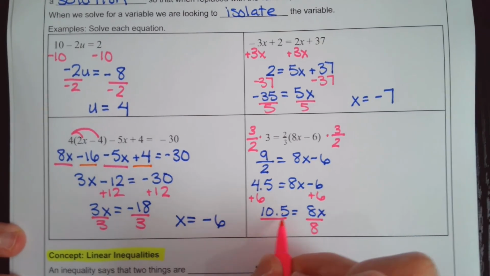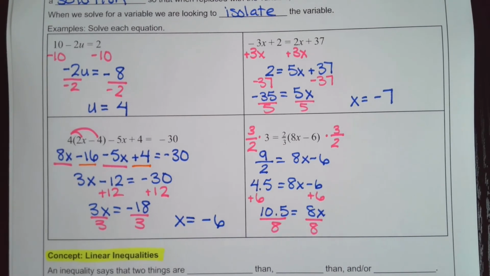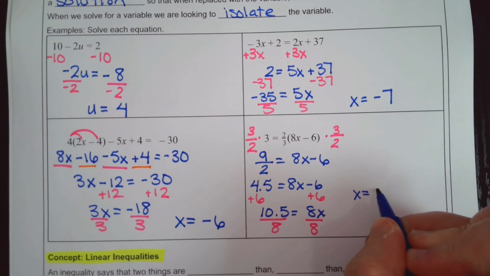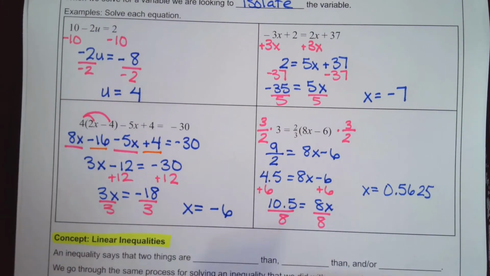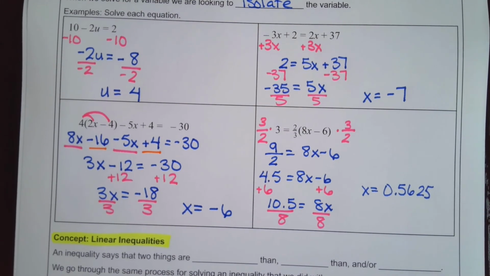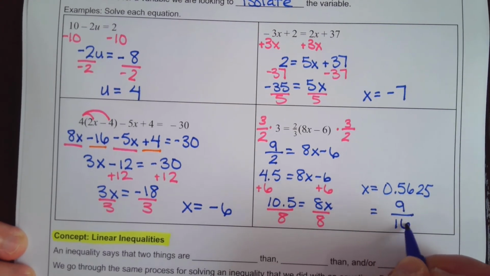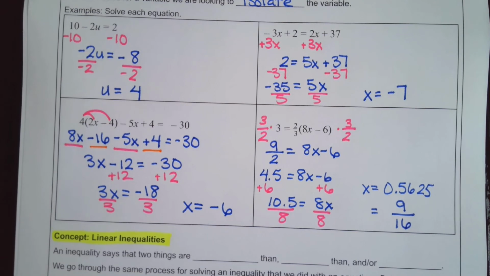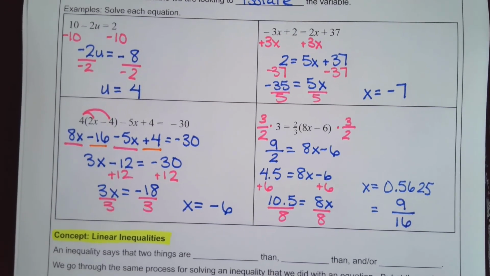Divide by 8. And we get x is equal to 0.5625. But again, because we started with a fraction, we need to put this back as a fraction, which is 9 over 16. So that is our review on linear equations and solving.